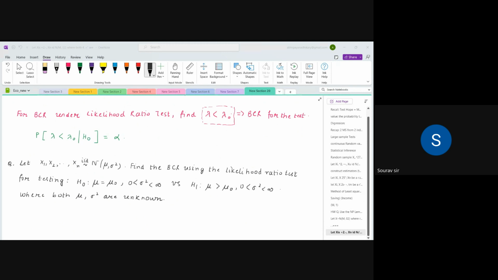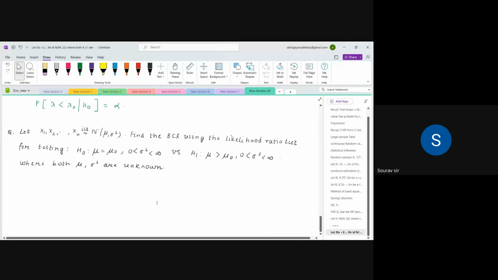Can all of you please tell me, to start with, what is the unrestricted parameter space, that is the overall one, and what is the parameter space under the null hypothesis? For omega, it is mu from minus infinity to infinity, and sigma square from 0 to infinity, positive.